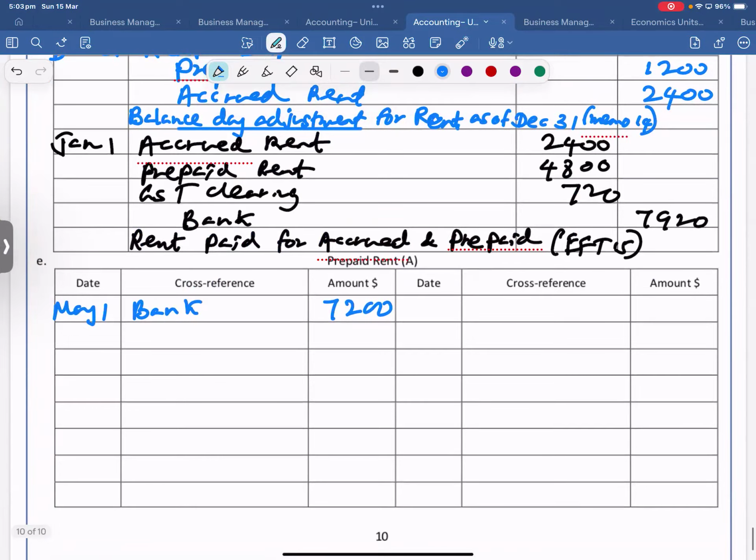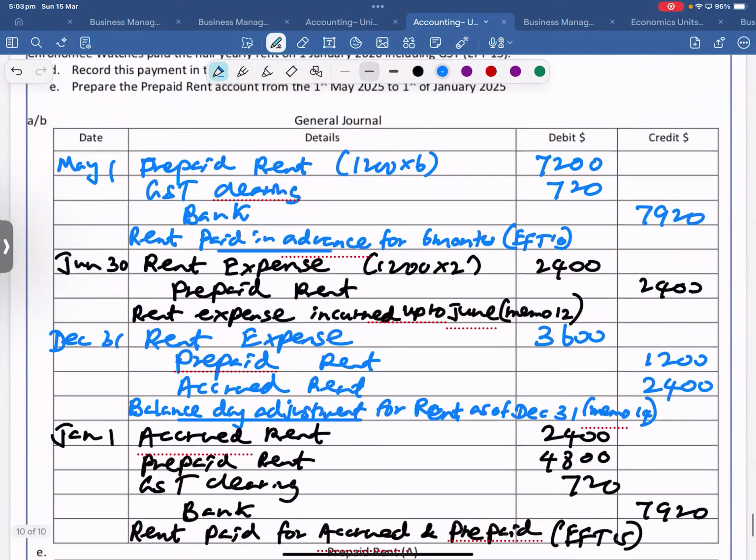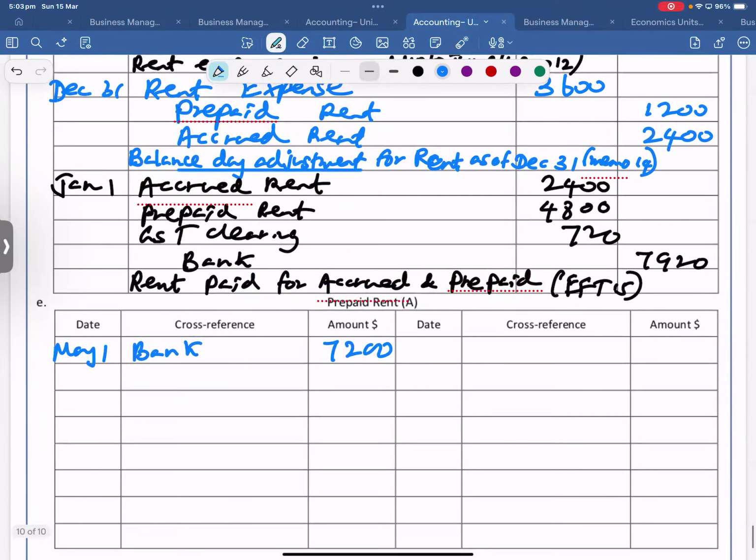So then, what's the entry, guys? 20,400. Yes. June 30th, go into the rent expense. And this is a matter of balancing.